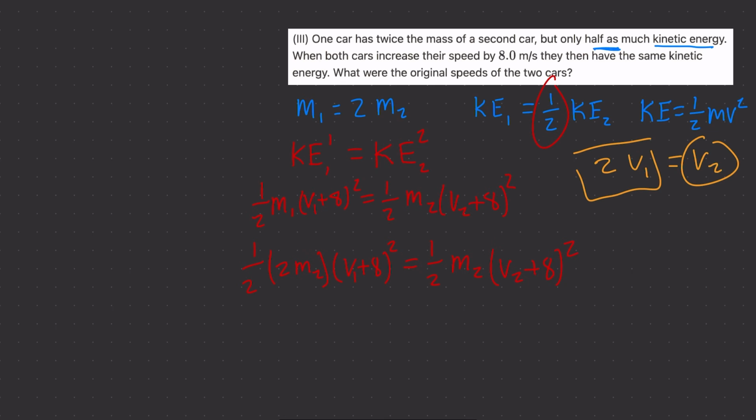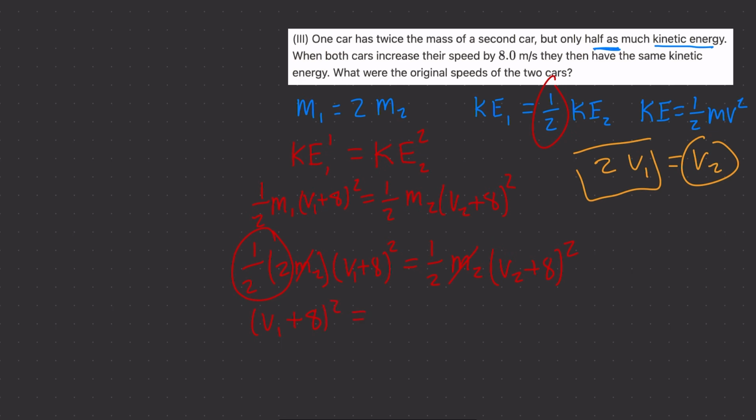All right. Just like before, I can cancel that m2. And then I have V1 plus 8, because this is going to cancel as well.